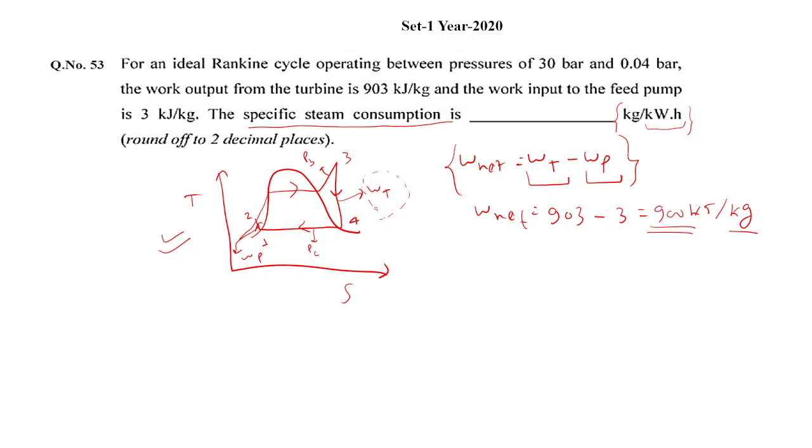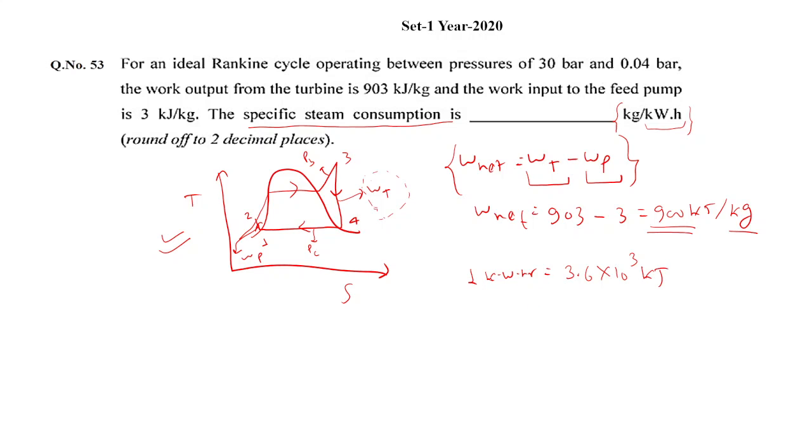So in 1 kilowatt hour, how many kilojoules are there? Sir, 3600 kilojoule.